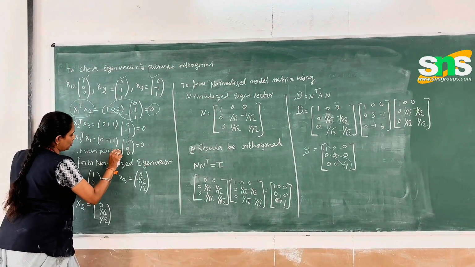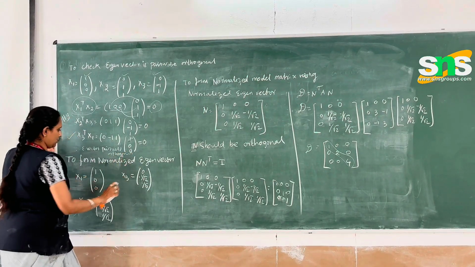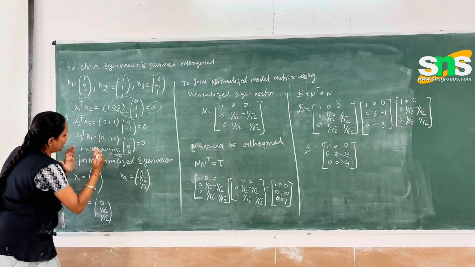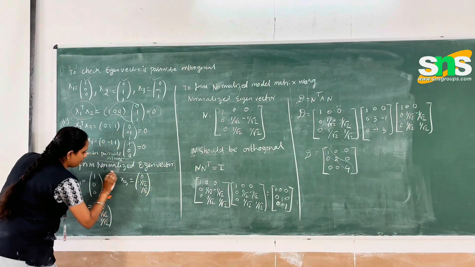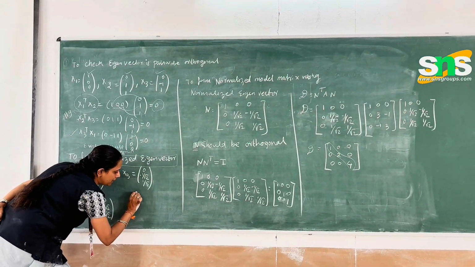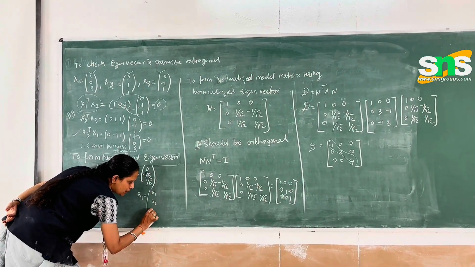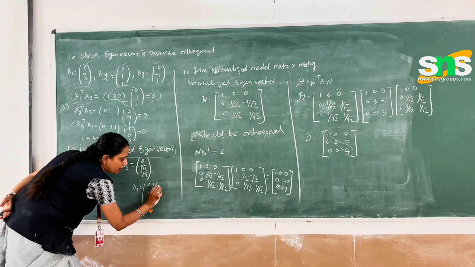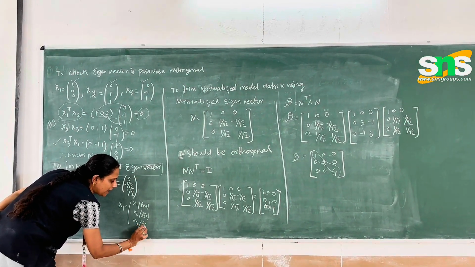Then, for these eigenvectors, we have to find the normalized eigenvectors. In the normalized eigenvector formula, x1 is the vector with elements x1, x2, x3, and we divide by the length of x. What is the length of x?